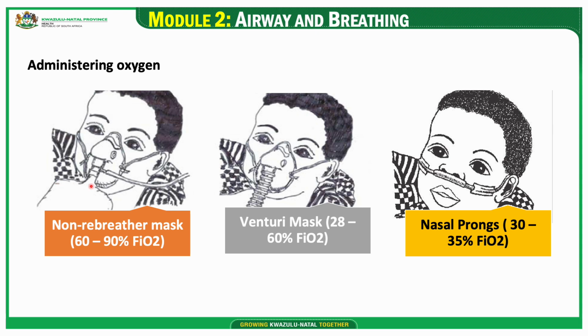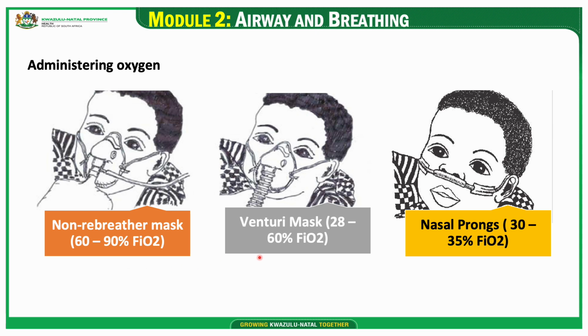This is the mask that comes with a reservoir bag. We generally run these with flow rates of between 10 and 15 liters per minute, and that gives us an FiO2 of between 60 and 90%. Then as the patient stabilizes, you can wean the oxygen or change to a different modality.